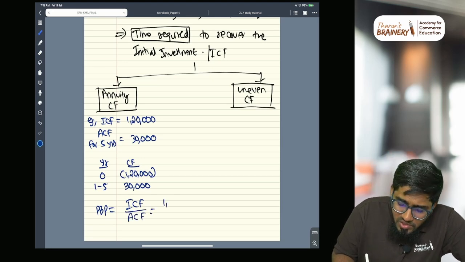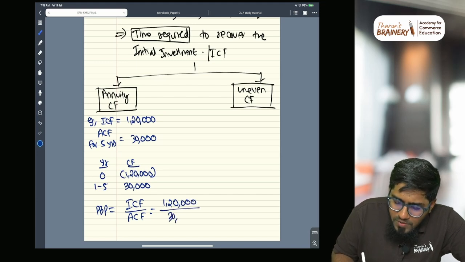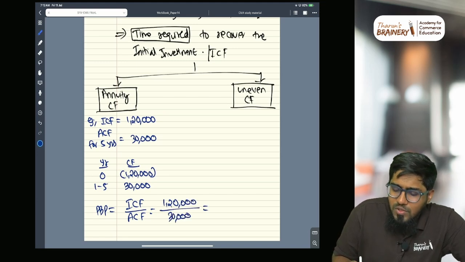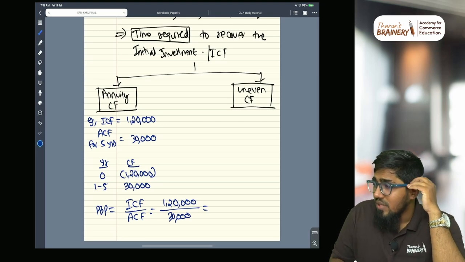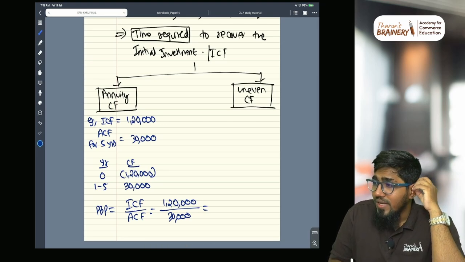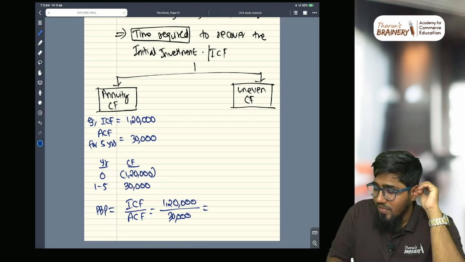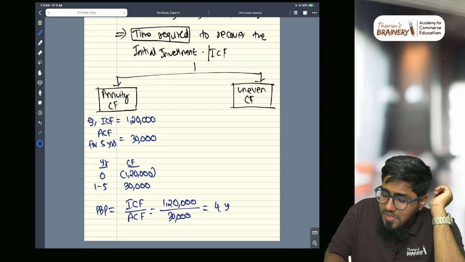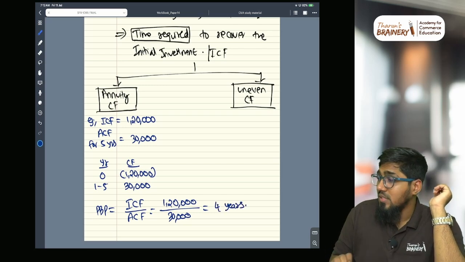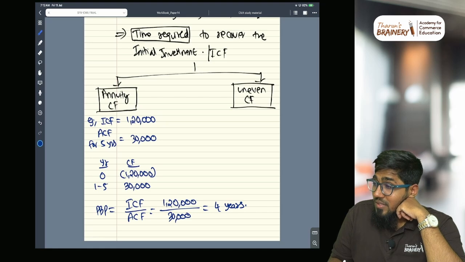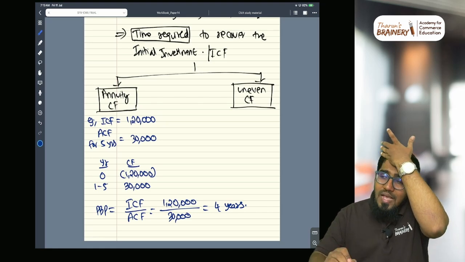How much is my initial cash flow? 1,20,000. How much is my annual cash flow? 30,000. So what is 1,20,000 divided by 30,000? Everyone quickly. 4. So this is 4 years. Are you all understanding? Sir, what actually is happening in the formula?